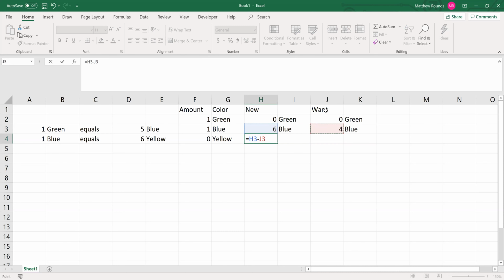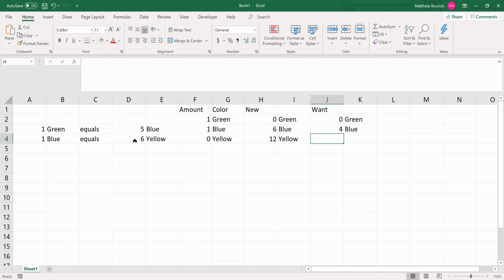No. Yep. So we want to take 2 of the blues and we want to multiply it by the number of yellows. So that gives us 12 yellows. But how many do we want? We want 8 yellows. 8. Okay. So let's go to our next conversion.